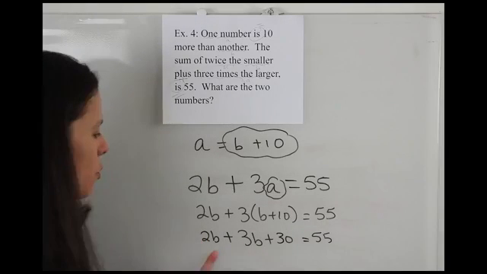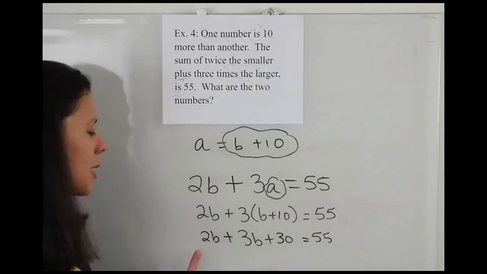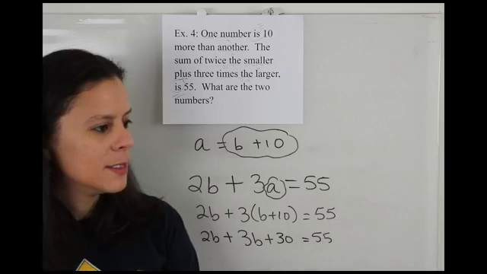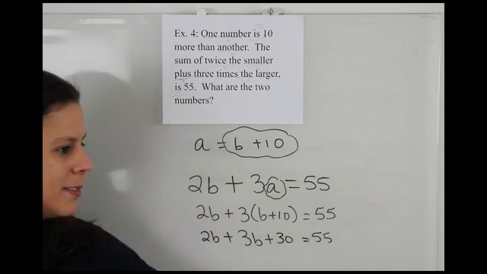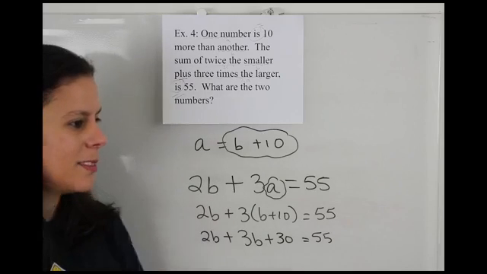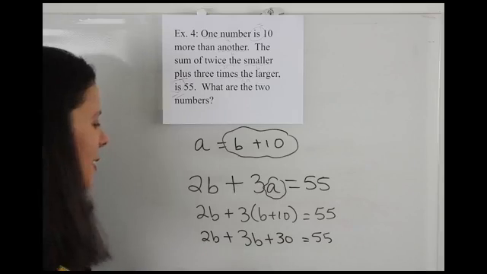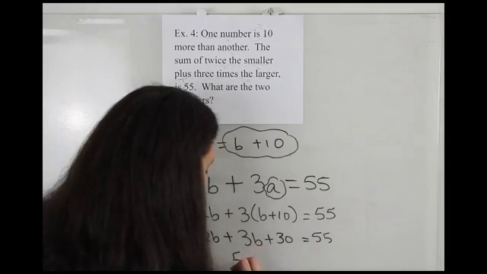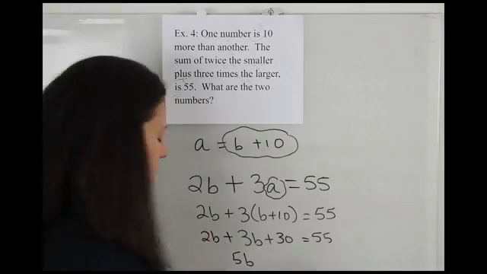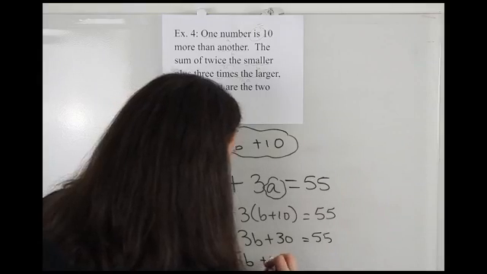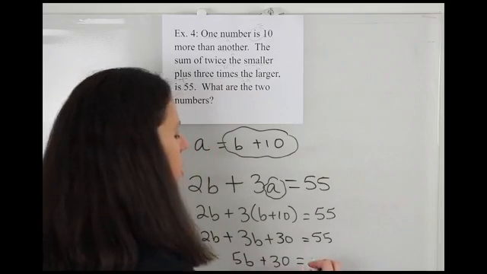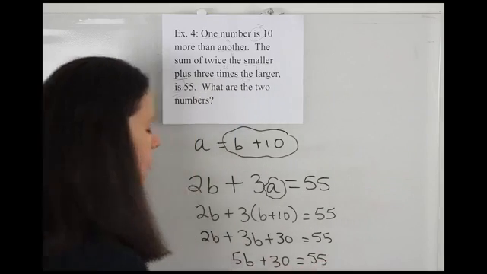Okay? 2B plus 3B. 2 boxes plus 3 more boxes. That would be 5B. 5 boxes, right? 5B. And that's going to be plus 30 is going to be equal to 55.